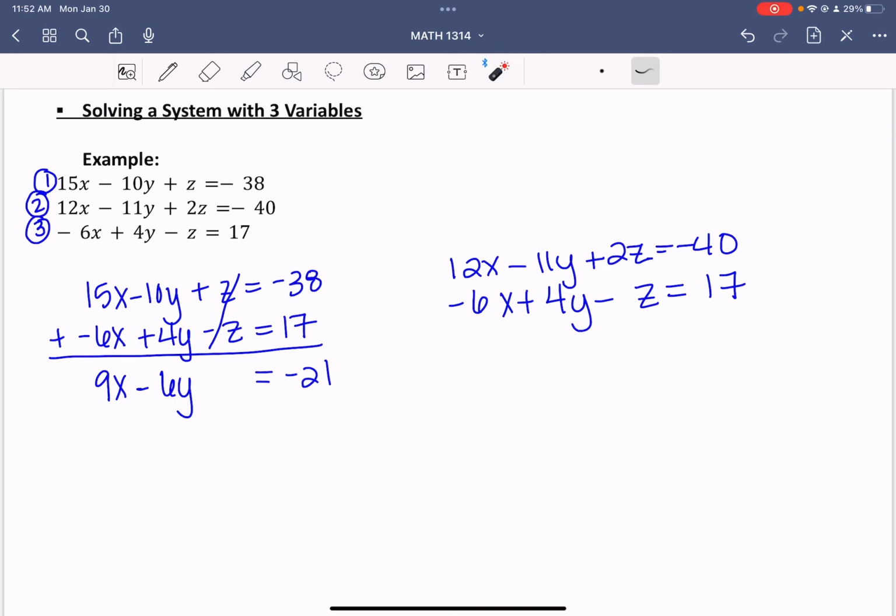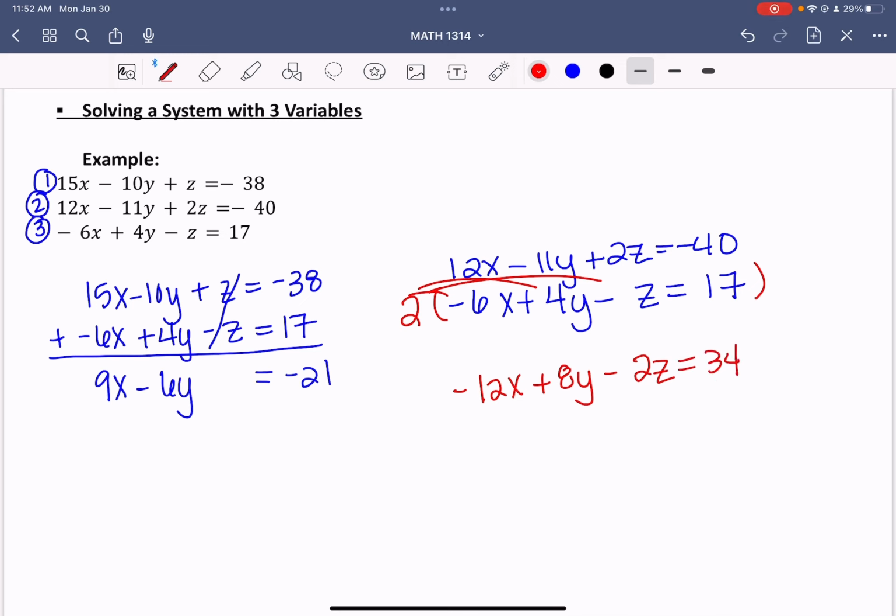Looking at this situation with the positive 2z and negative z, I would need to multiply through the bottom by 2, and that would create an opposite. That would give me negative 12x plus 8y, I'm just distributing this, minus 2z equal to 34. And I'm going to combine that with that second equation.